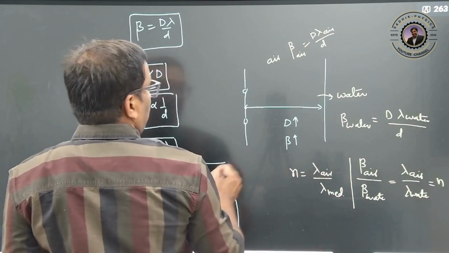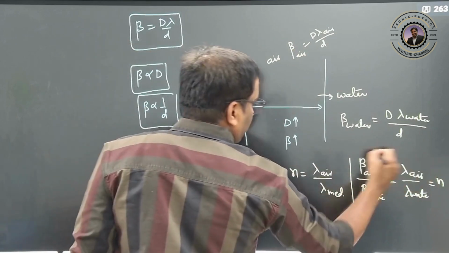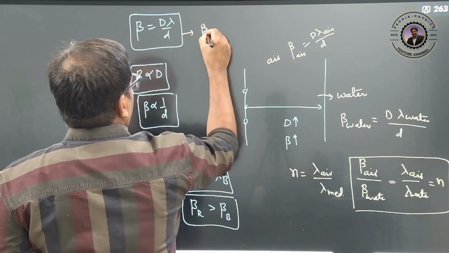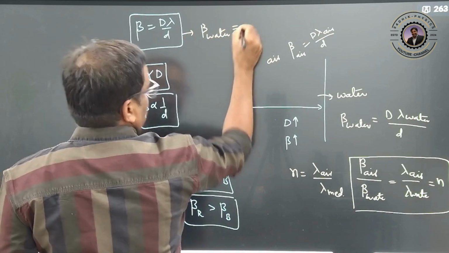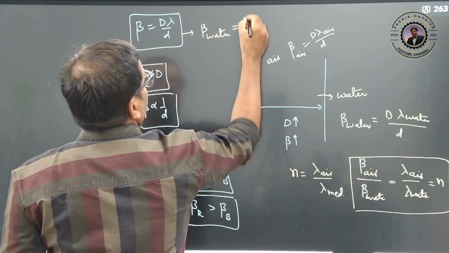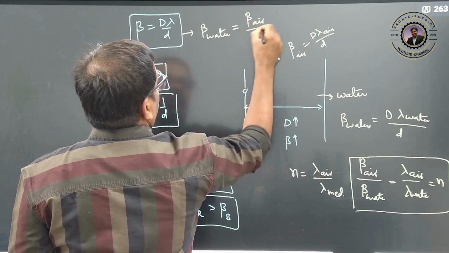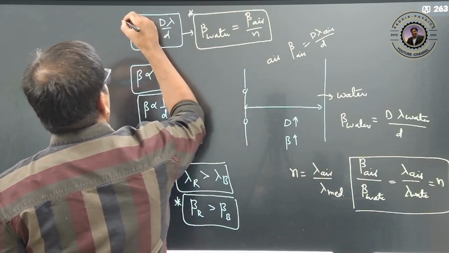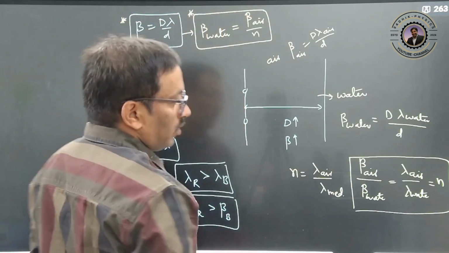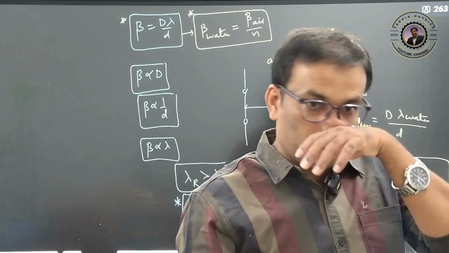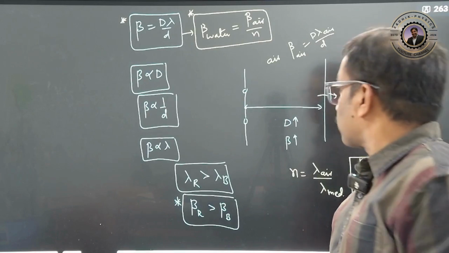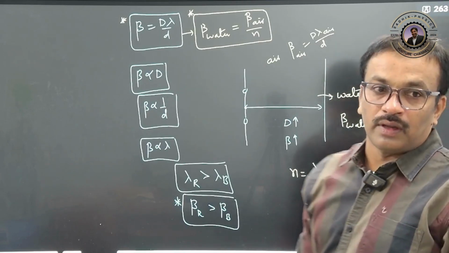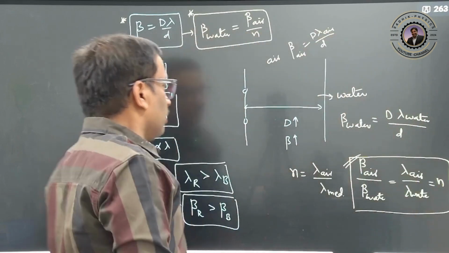So beta in water can be written as beta in air divided by n. Clear? Understand, no? In this way you can calculate this. Some more applications we will see.